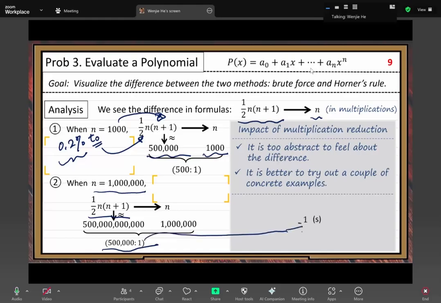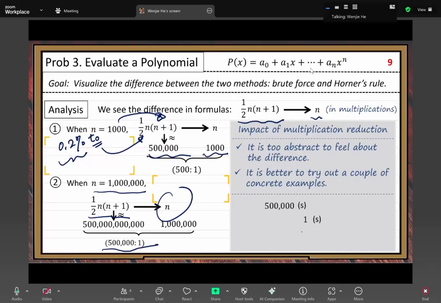So if you apply Horner's rule, the second method, let's say this corresponds to 1 second. Then the same polynomial, if you use the brute force, the first method, you need 500,000 seconds.